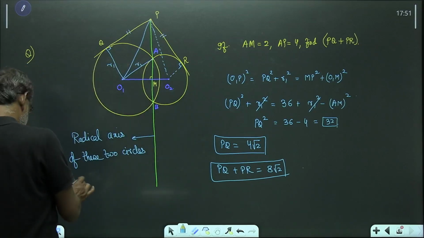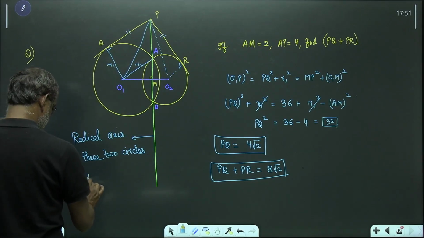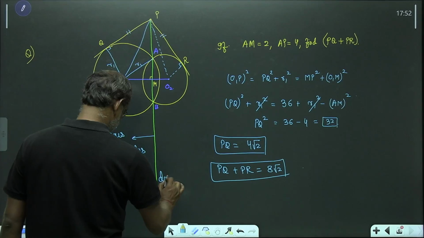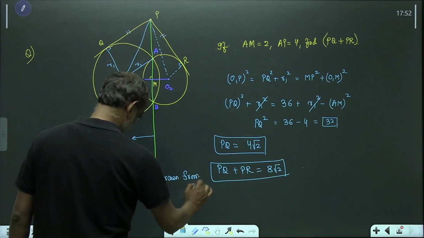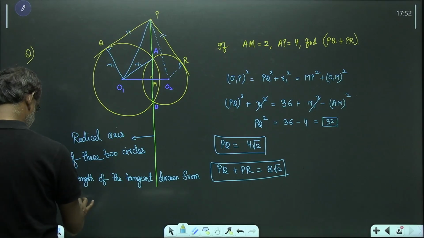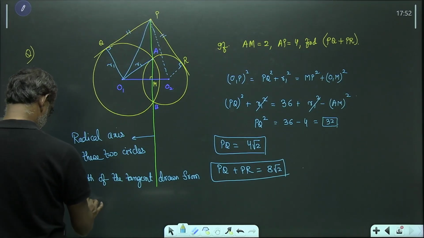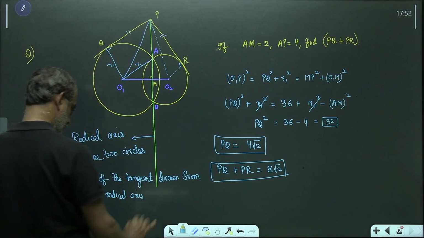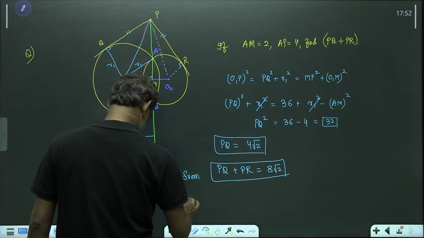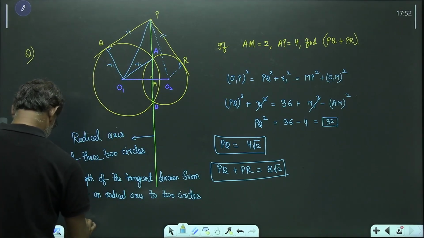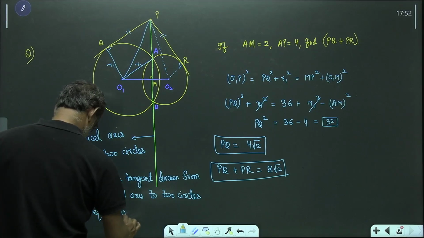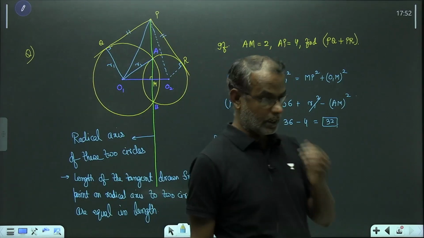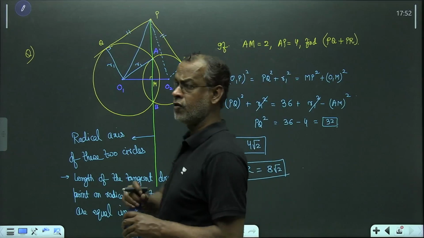The lengths of the tangents drawn from a point on it to the two circles are equal. If you keep this in mind, it might on occasions be of help.